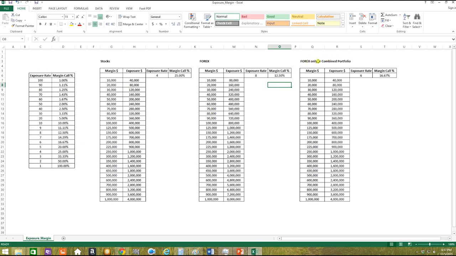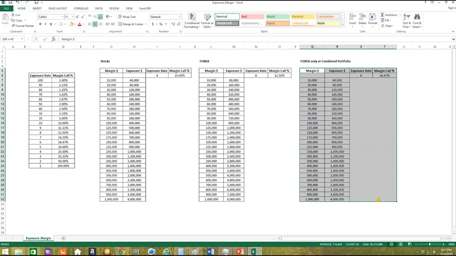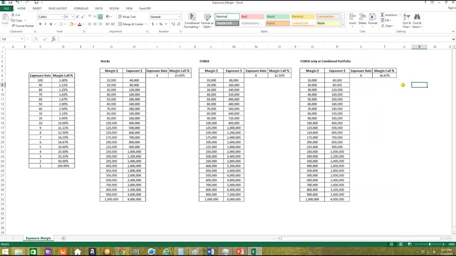So if we look at a 4x only or combined portfolio, where we have a maximum exposure of 6 times, this kind of works, because if we think of this in terms of receiving a margin call, we would have to lose 16.67% on our overall exposure number in order to be wiped out.